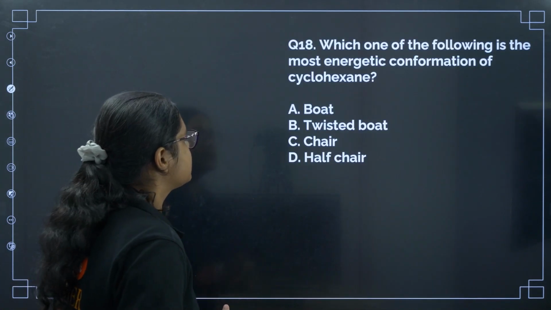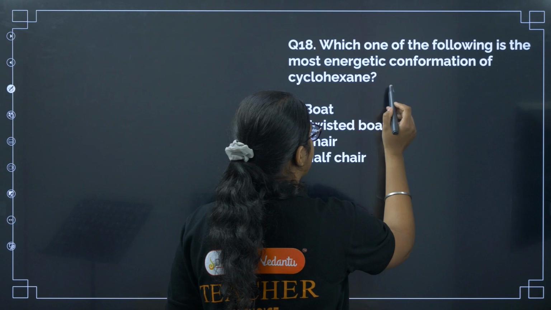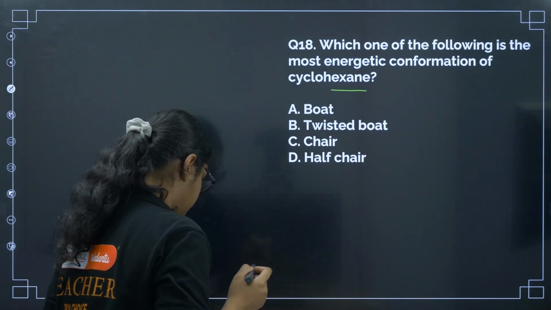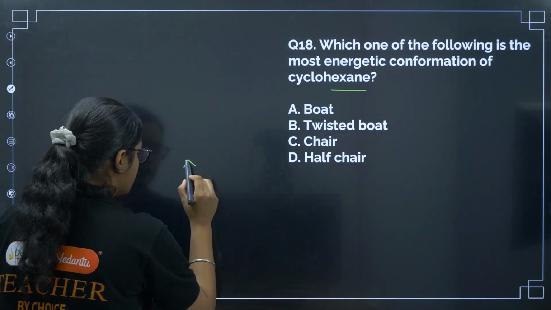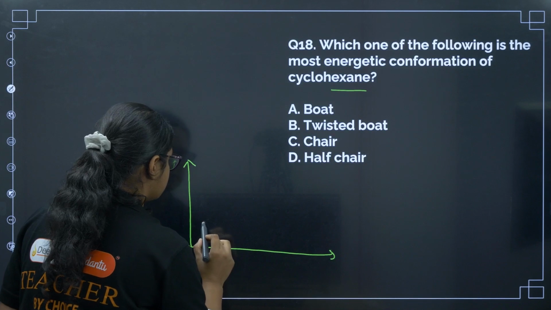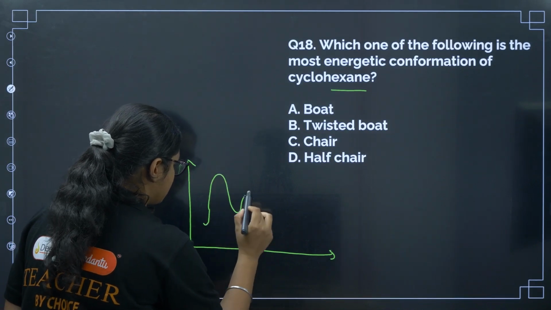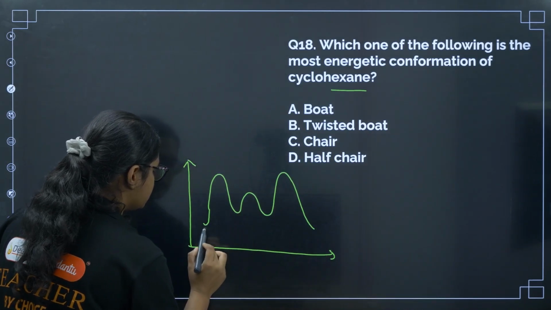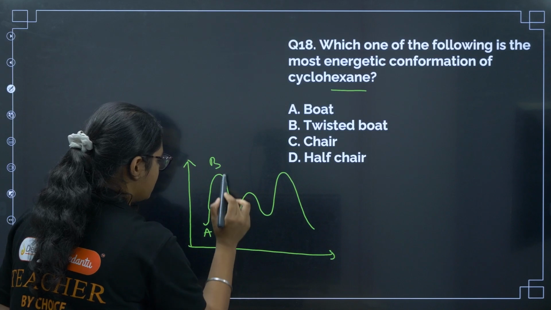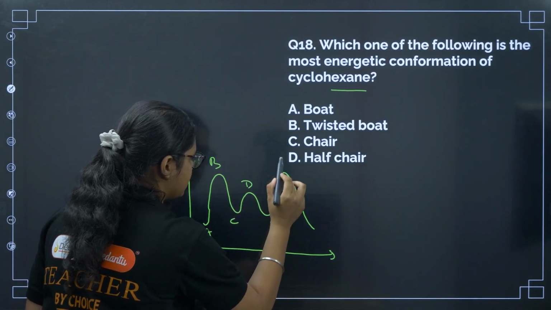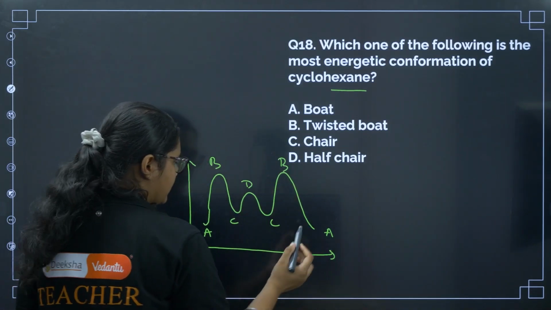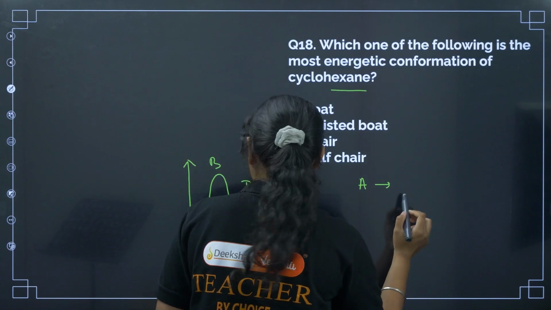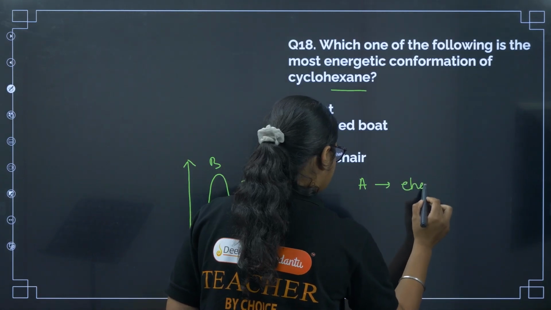Now next, which one of the following is the most energetic conformation of cyclohexane? So if you remember, cyclohexane structures are like this. So here it is A, B, C, D, again C, B and A. So A is your chair conformation.